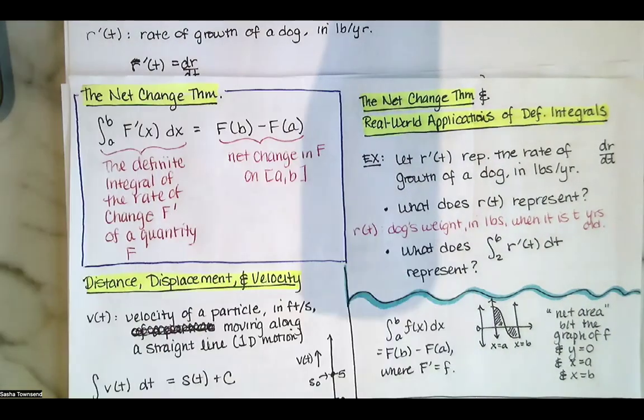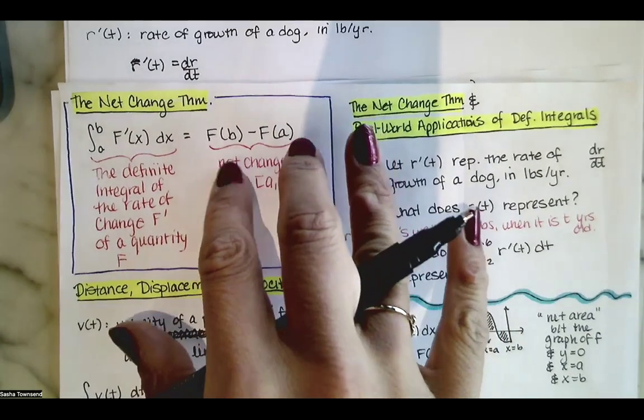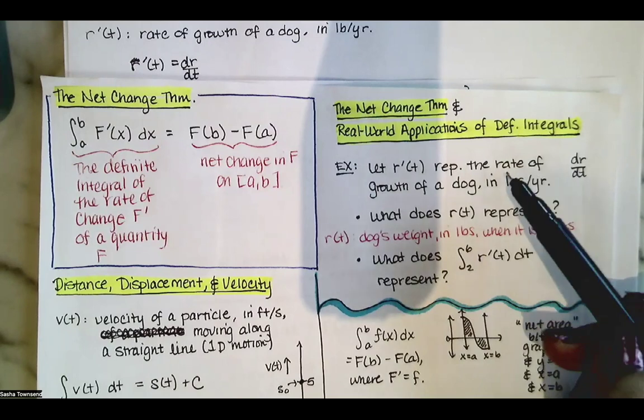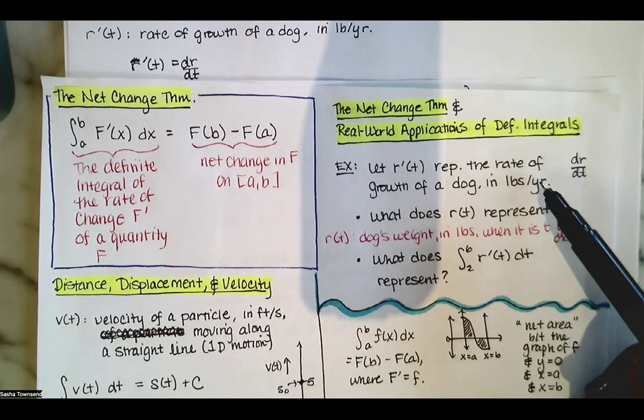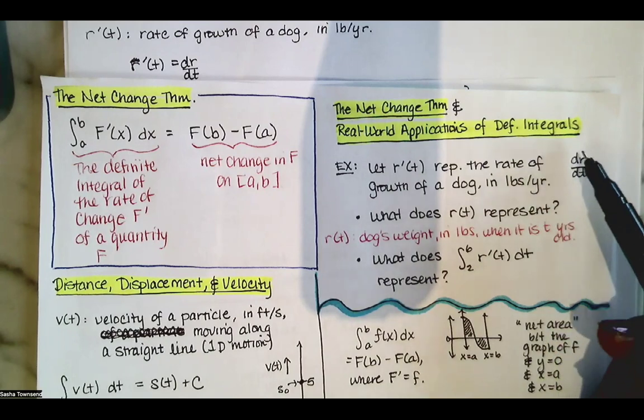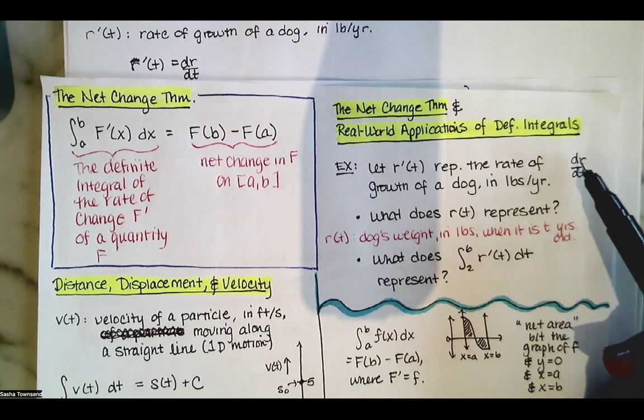And if you're saying to yourself, well, how can I know what this should be? One of the things that I look for in problem statements is something like these units. If I see pounds per year, this tells me the units of the numerator and the denominator. So if I have this dR/dt, it means that my R is some number of pounds and that my t is some number of years.